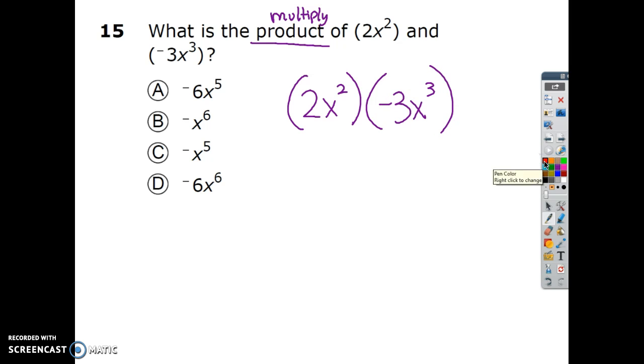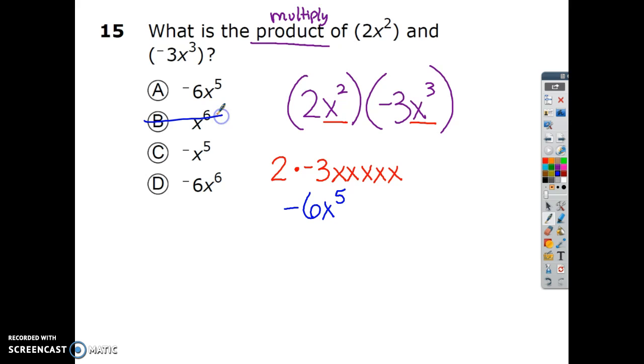Okay, you can expand. So that's 2 times negative 3, 2 x's, and 3 more x's. What's 2 times negative 3? Negative 6. How many x's total? X to the 5th.